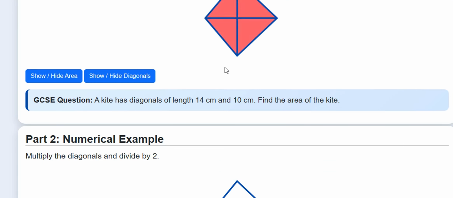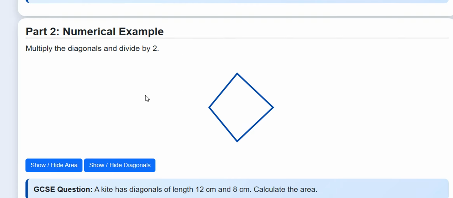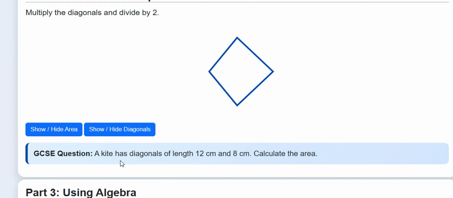Can we try another example where you are told a kite has diagonals of length 12 centimeters and 8 centimeters. Calculate the area. We say the area is the region enclosed by the kite, and the diagonals, this is d1, diagonal 1, and diagonal 2, and we already know their lengths are 12 and 8.